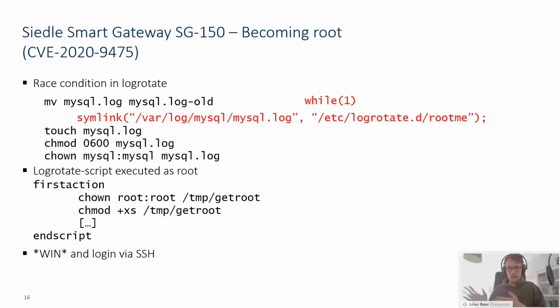And logrotate would then create this file where the symlink points to and give the rights to the MySQL user to this file. This is interesting because now we can basically create files in directories where we normally would not be able to create files, and also write into these files.